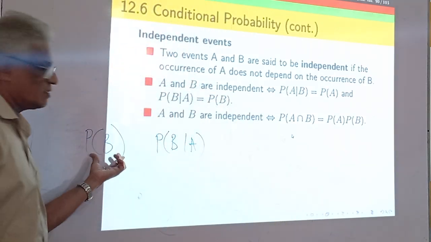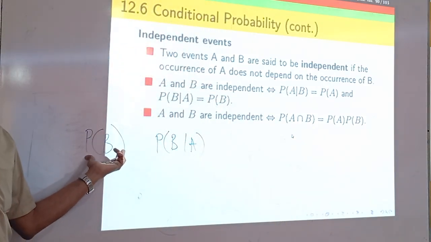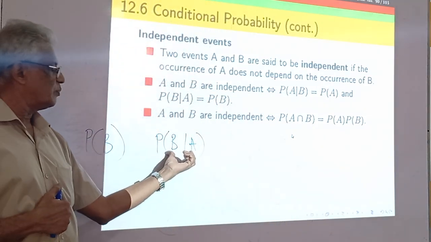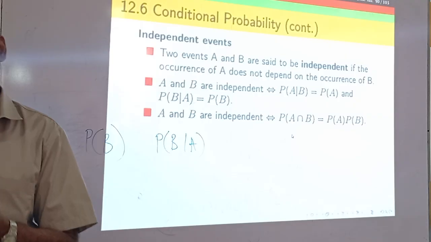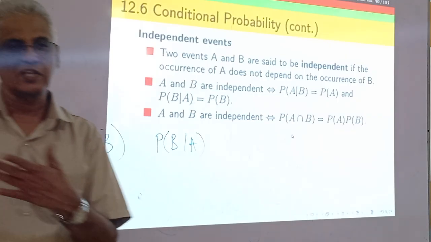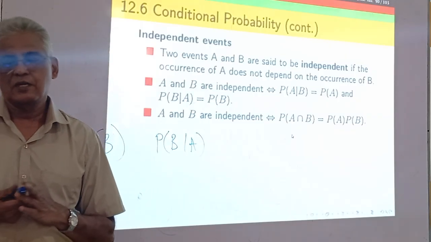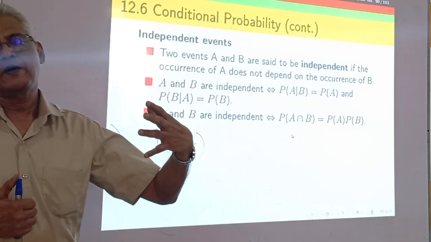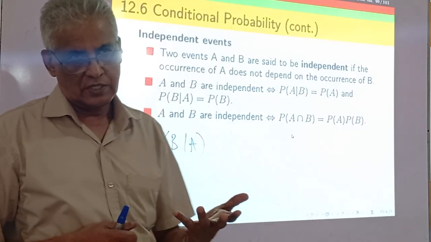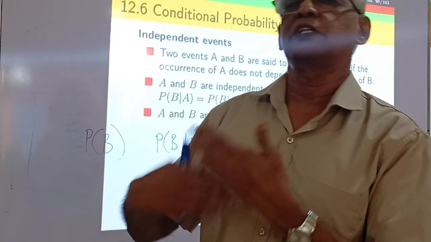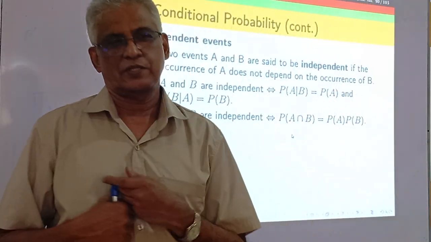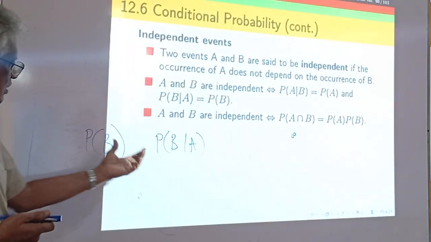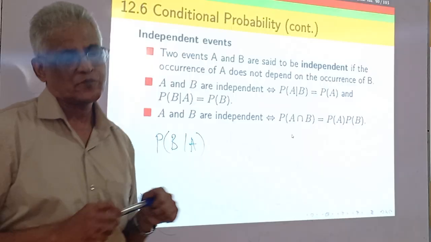That's the unconditional probability. You can also calculate the probability of B when you know that A has occurred. That will be the probability of B given A. Now, if whether B occurs or not depends on whether A has occurred or not, then what can you say about these two probabilities?